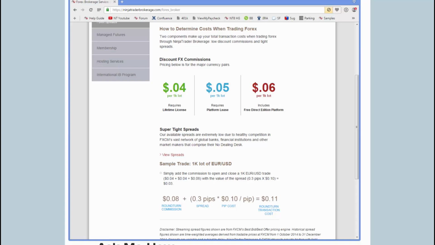Although you're paying for a lease, and there's 3 different options available, a 3-month lease, a 6-month lease, or a 12-month lease, your commission is going to drop down to help offset that cost. And especially when it comes to Forex, that savings, although it's just a penny per micro lot, for your average trader is typically enough to cover those lease fees.